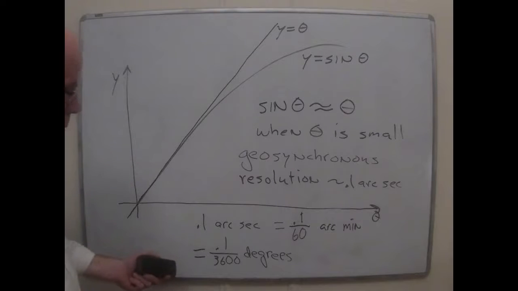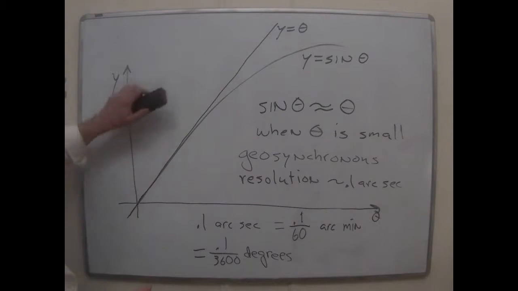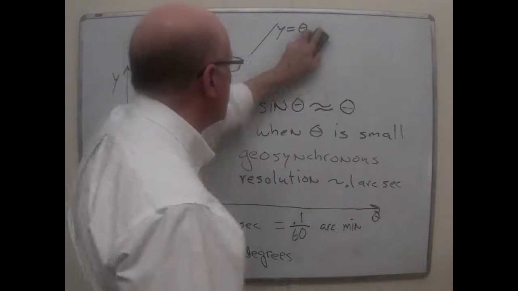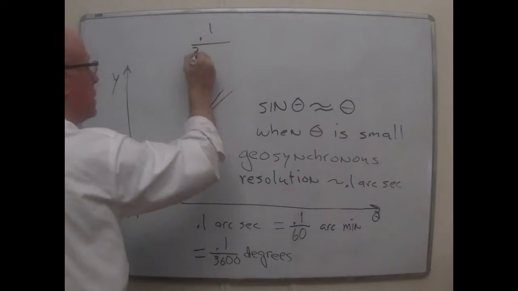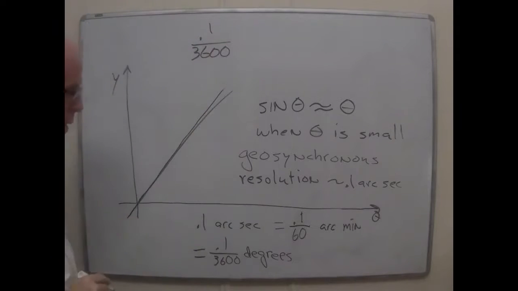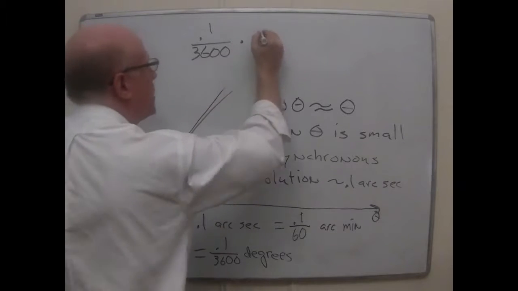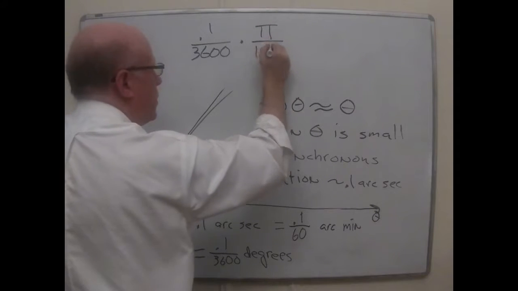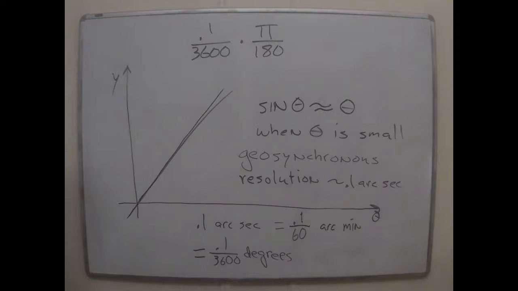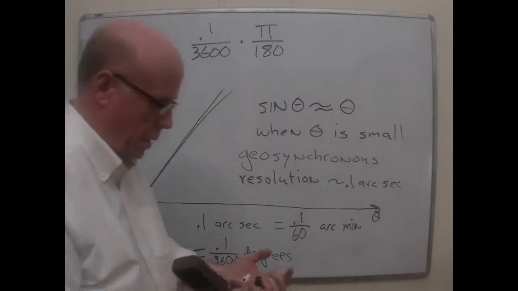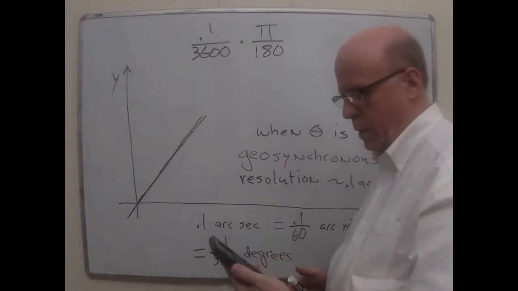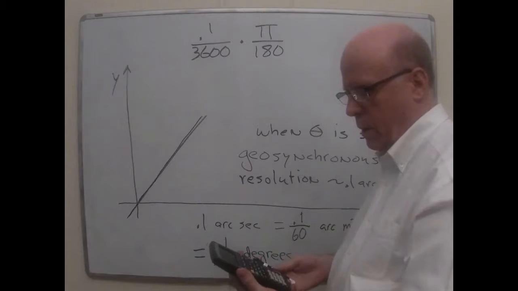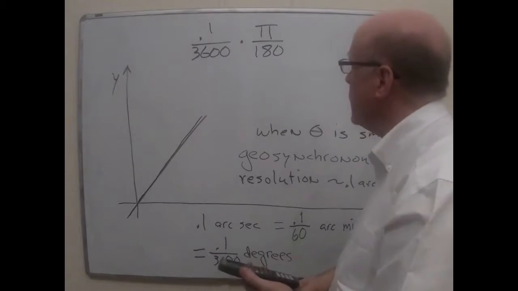And then to convert something that's in degrees into radians, let me kill this since we need the space. 0.1 divided by 3,600 is the magnitude of that angle in degrees. To get it into radians, we multiply by pi over 180. I think you've probably done that fairly recently. So, I guess I should have had a calculator handy. So here's my calculator as if by magic, and the answer came out to be about 5 times 10 to the minus 7.